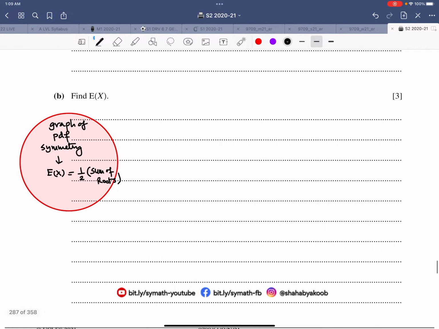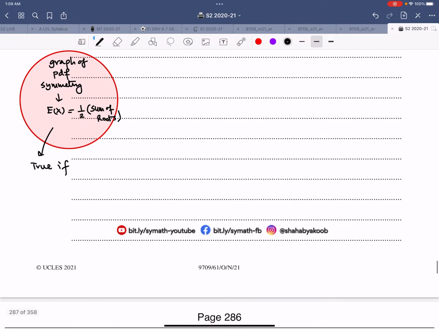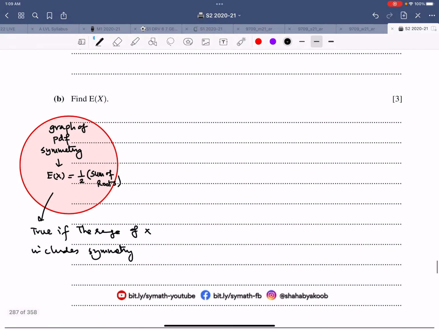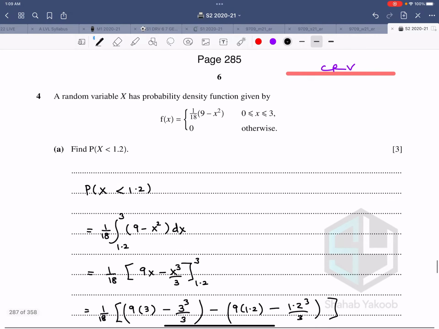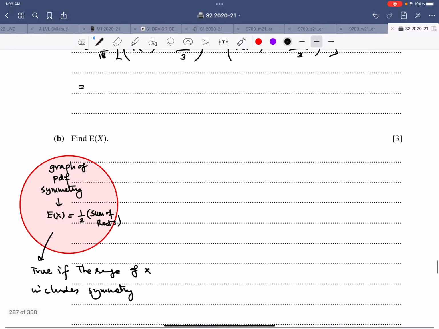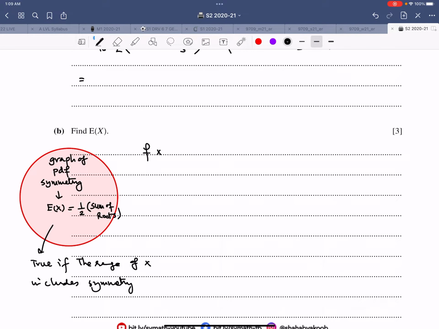Now that is true if the range of x includes symmetry. What it means is that in our case, the limits are 0 to 3. First of all, even before that, for example, if I have 1 over 18, 9 minus x squared, this is 1 over 18, 3 minus x, 3 plus x.